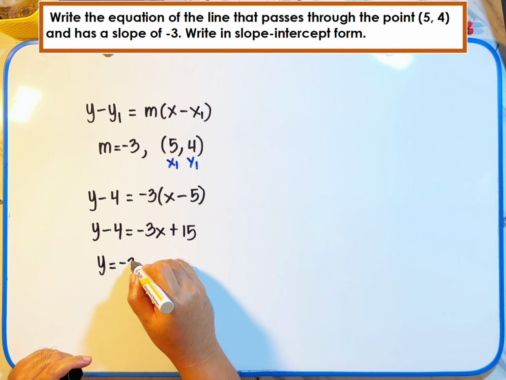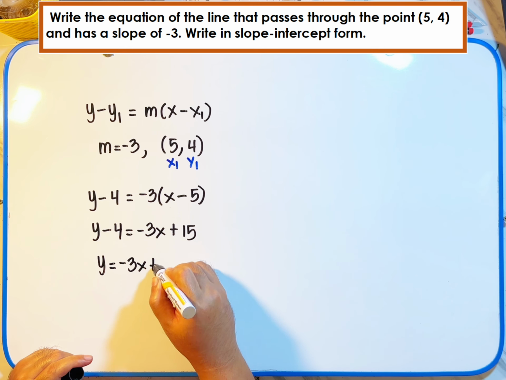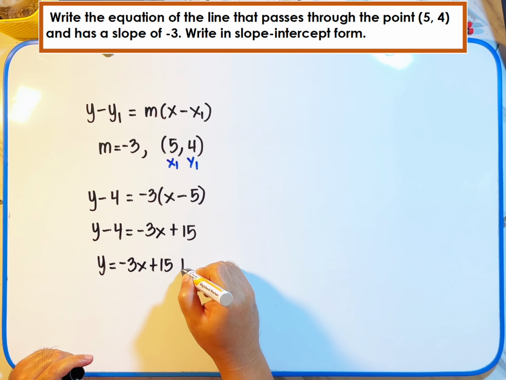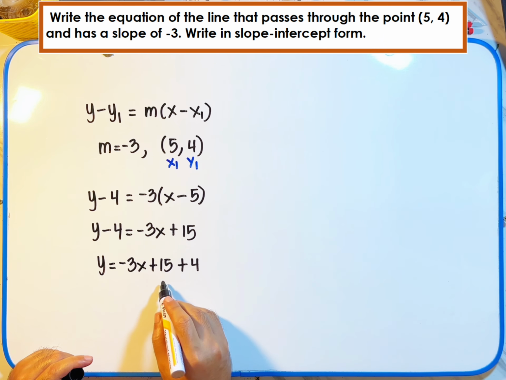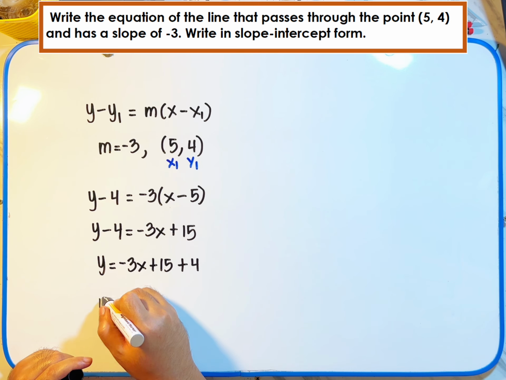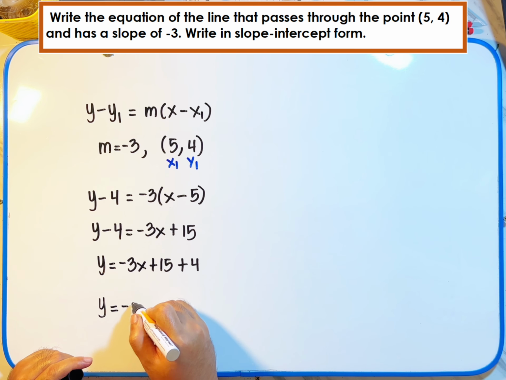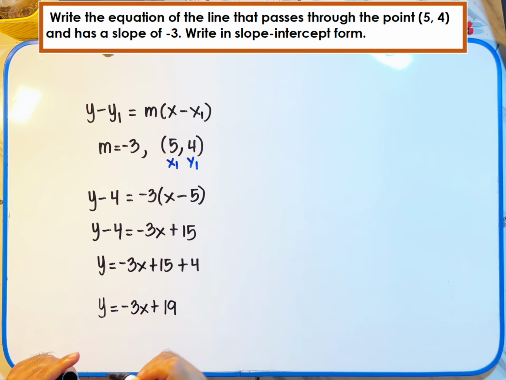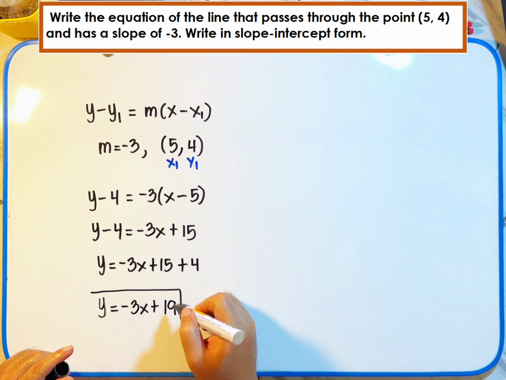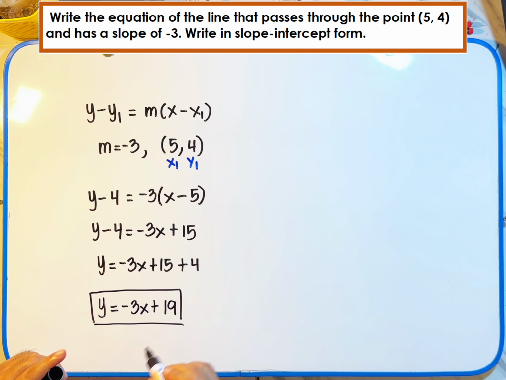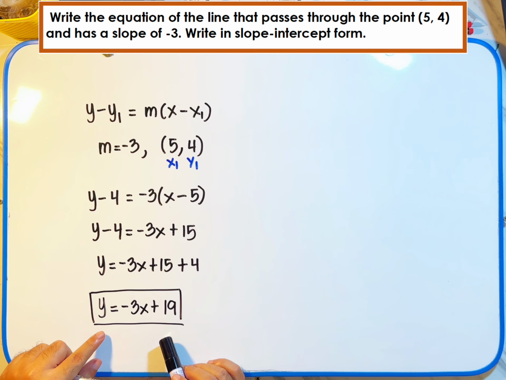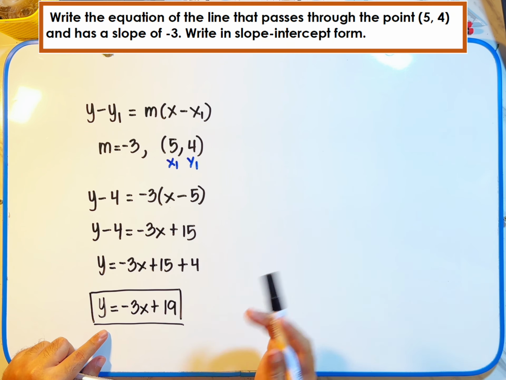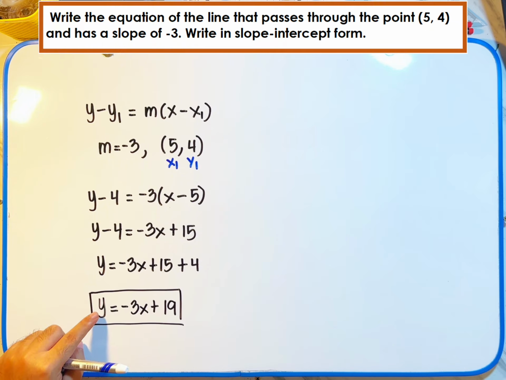So we have y equals negative 3x plus 15 plus 4. And finally, 15 plus 4 is 19. y equals negative 3x plus 19. Again, we want the solution to be in slope-intercept form as suggested in the instruction. So we isolate the variable y.